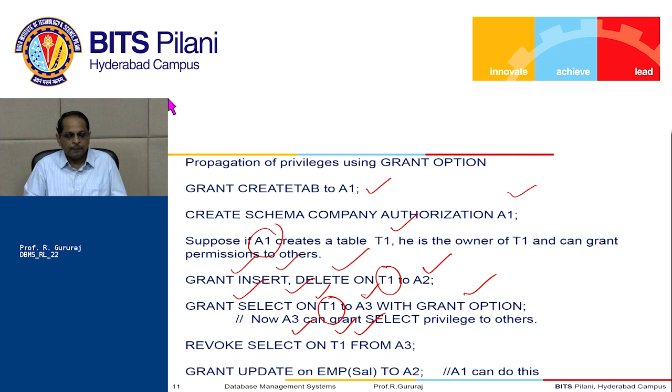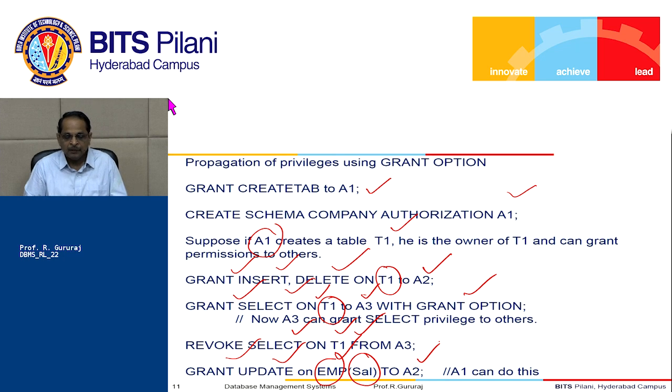Okay. Grant update on EMP SAL to A3. Since A1 is the owner of the table, if we assume that A1 is the owner of the table EMP, he can invoke this, or he can grant this permission. Grant update on the EMP table on a specific attribute, that is, only on the salary attribute of the EMP table, to A2.